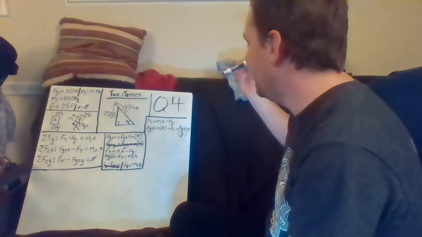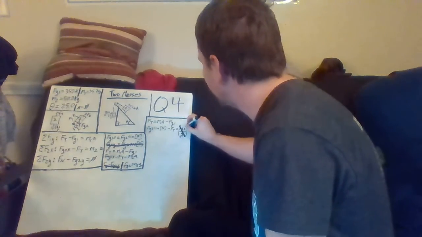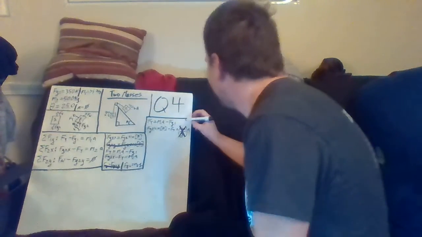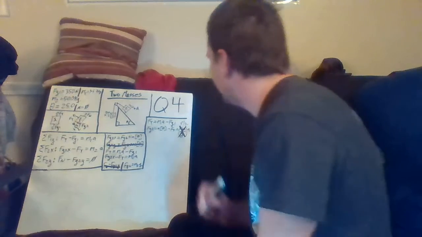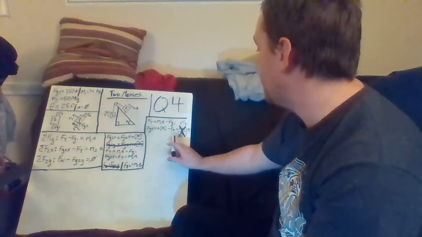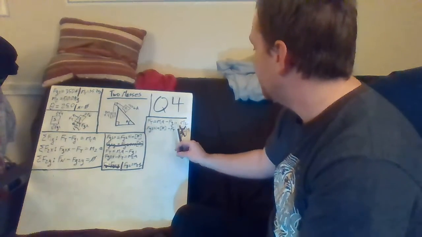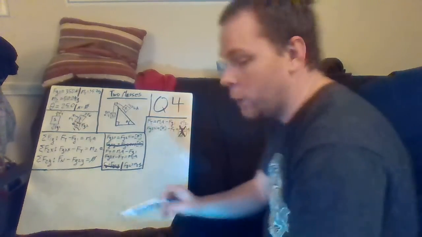Oh, you know what? I didn't need to do that. I'm going to cross this out now, because I have M2. I don't have Fg2. So I'm going to rewrite M2 here. So now, going from here, I need to plug this in for Ft, which I'm going to probably do down here because I've got more space, and then solve for A.